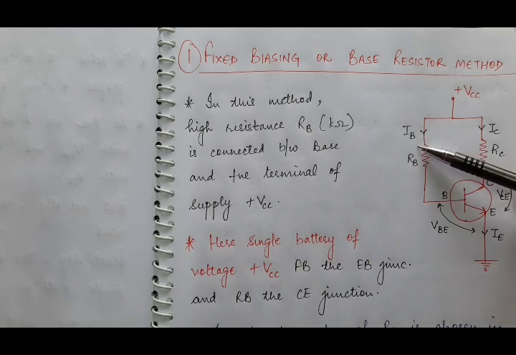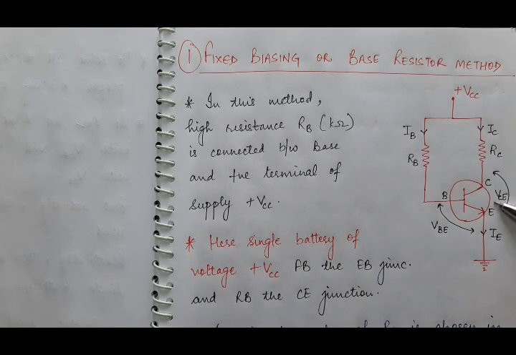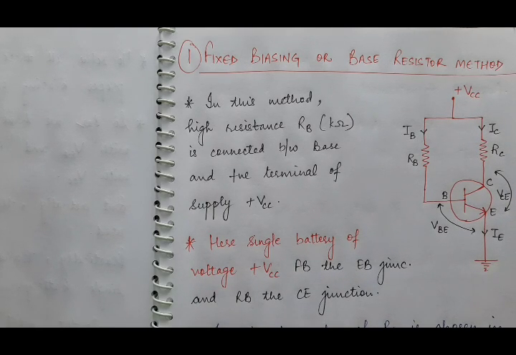So from the input circuit, you find one coordinate of the operating point, the collector current IC. Then apply Kirchhoff's voltage law again to the output circuit, and you will calculate VCE. Now you have both coordinates of the operating point, or Q point.